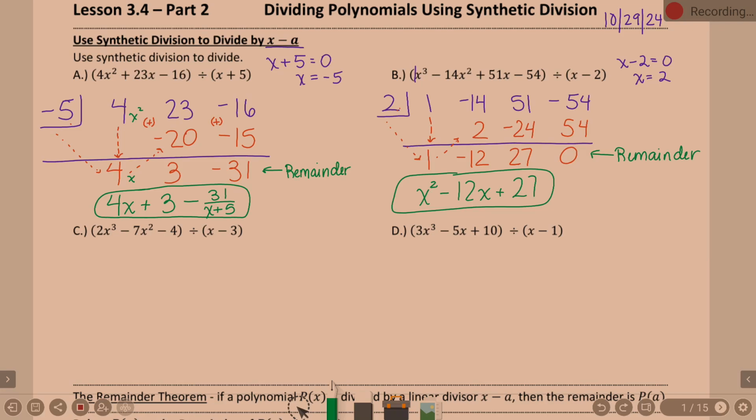Because we divided off an x. My original thing was an x cubed, and if you divide off an x, you're now going to be at x squared. It's always going to be 1 power lower than what you started with. Another way to look at it, count from here. If this is a remainder, this is your constant, your x to the first, your x to the second. So could you work your way backwards there?